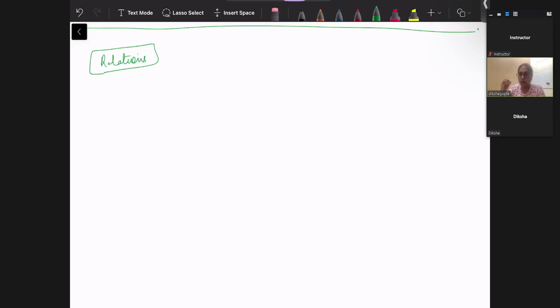We just blindly wrote all the pairs which will be in the Cartesian product, every pair. But as the name suggests, in the relation, we try to form a subset of the Cartesian product such that the elements in that subset have a relation between them, right?